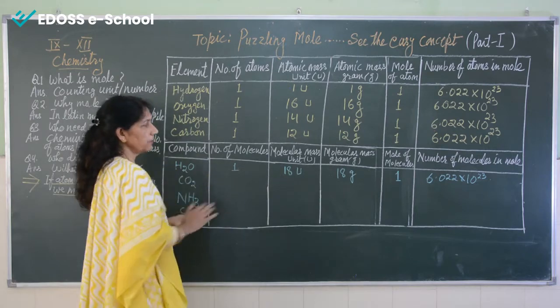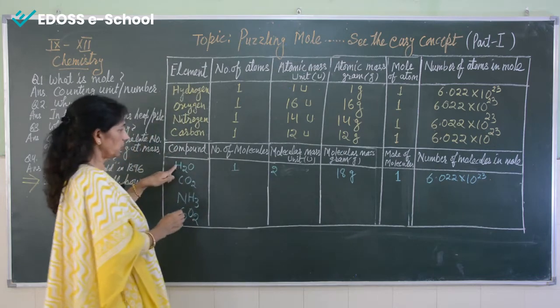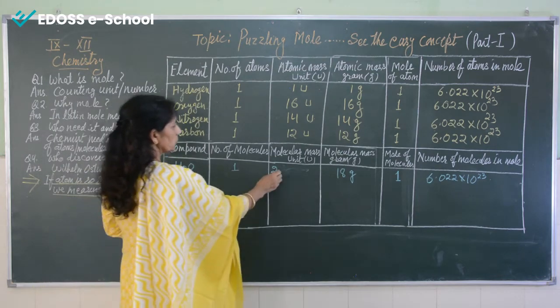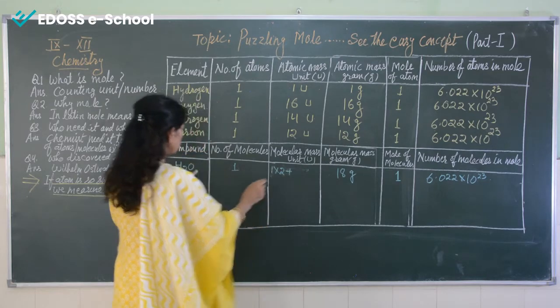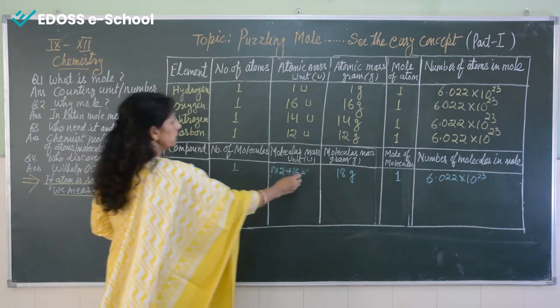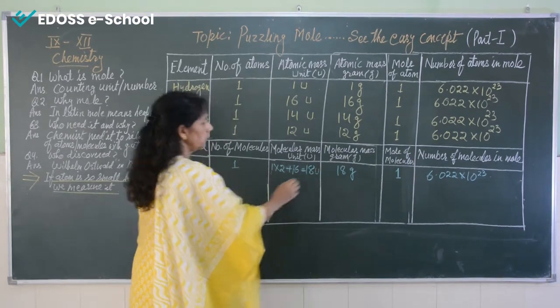So this will be equal to 18. How is 18 coming? You can see here, this is 2, because 1 hydrogen has 1 and 2 hydrogens have 2. So this will be 1 into 2 plus oxygen, which has 16. So this is equal to 18 unit.